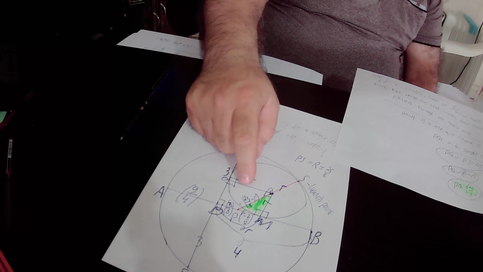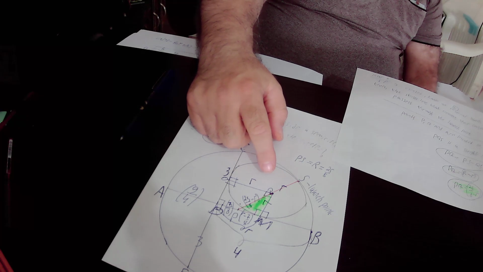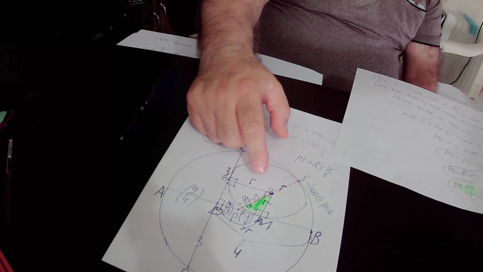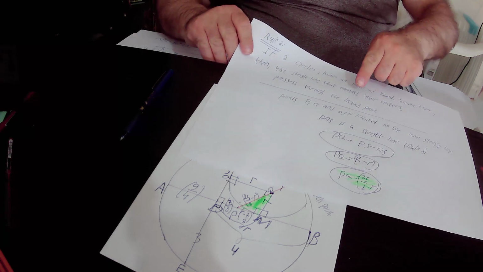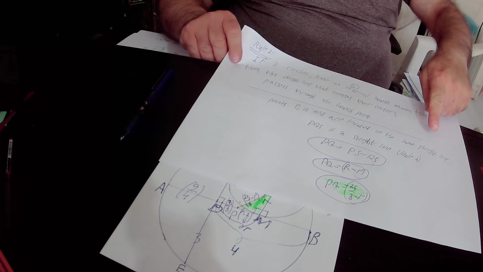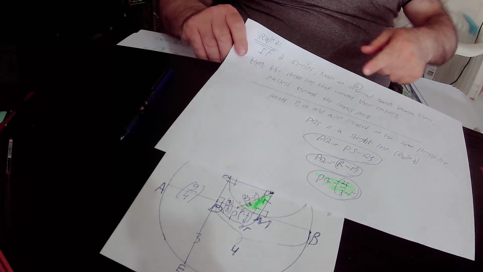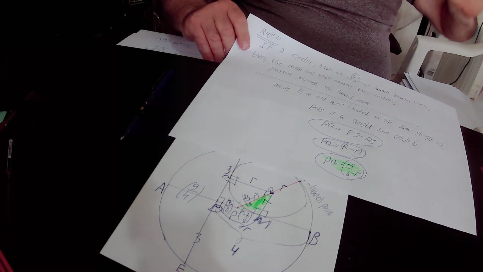That is to say, points P, Q, and S are all located on the same straight line. In other words, PQS is one straight line.